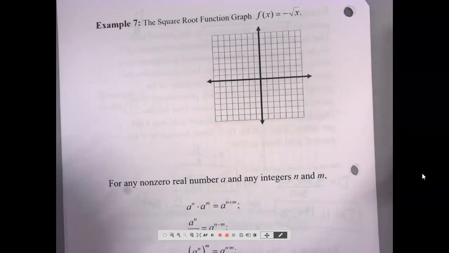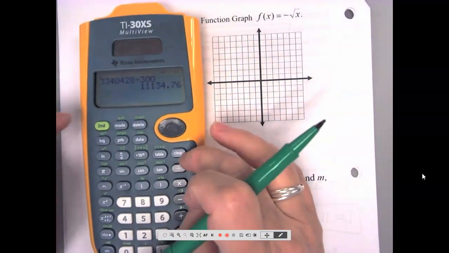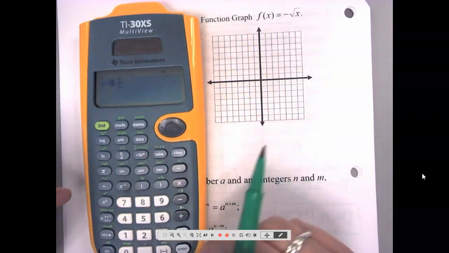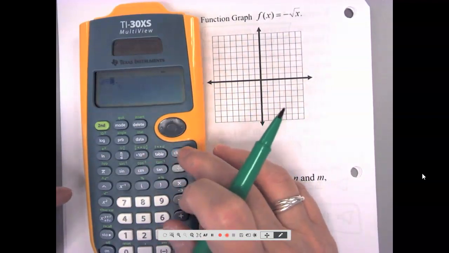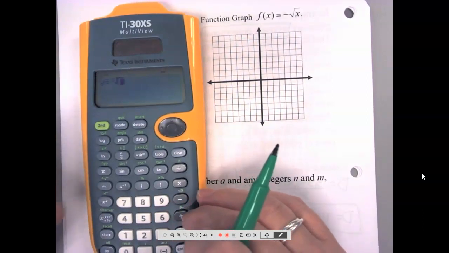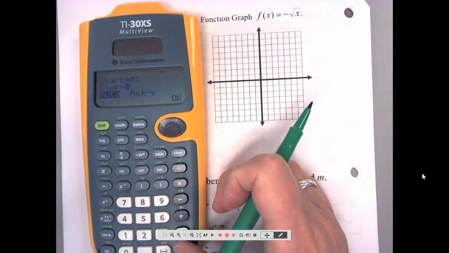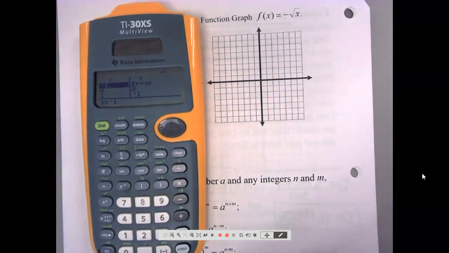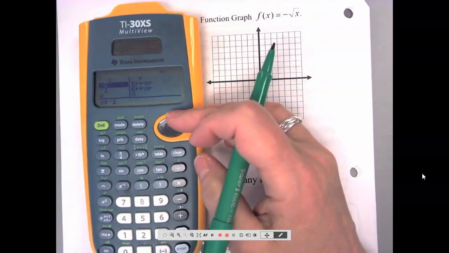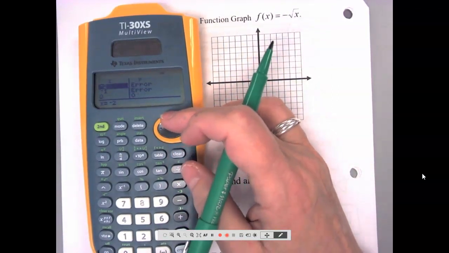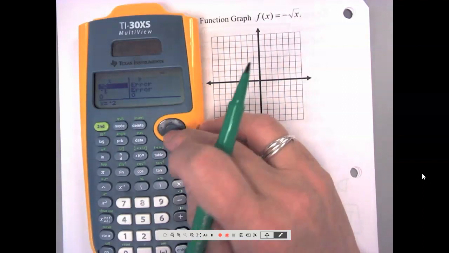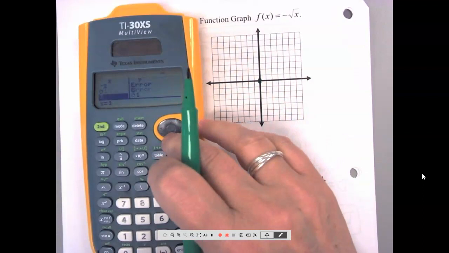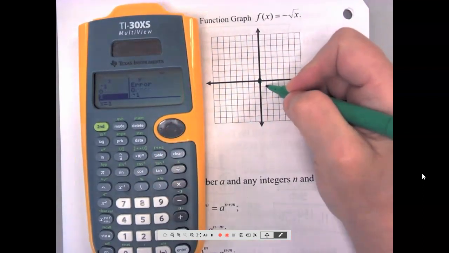Okay, let's get some ordered pairs, though, and see what's going on. Either calculator. Okay, you'll notice if you go to any of your negative x values, you're going to have an undefined situation. So we're going to start at 0, 0. 1, negative 1.